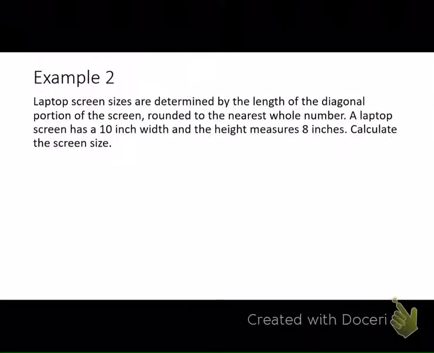All right. So, laptop screen sizes are determined by the length of the diagonal portion of the screen, rounded to the nearest whole number. So I have a laptop.